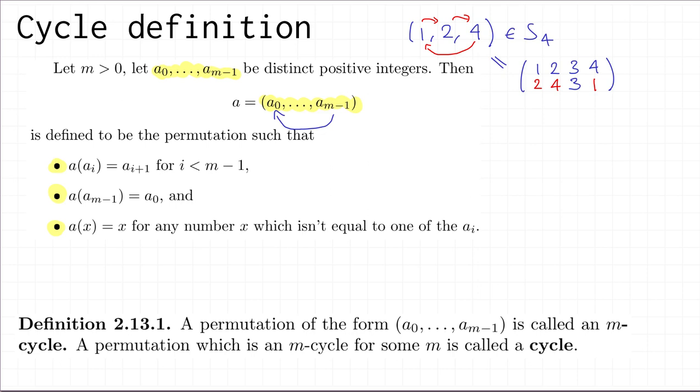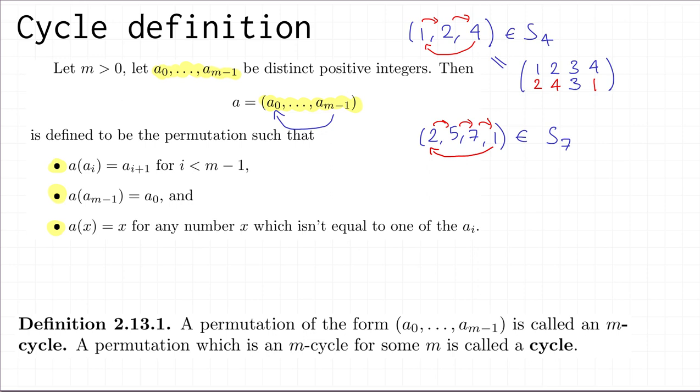Let's see another example. So I'm going to take the permutation (2, 5, 7, 1), which we're going to look at as a permutation in S7. That is another cycle, and in this cycle 2 goes to 5, 5 goes to 7, 7 goes to 1, and 1, when you get to the end, goes back to 2 again.